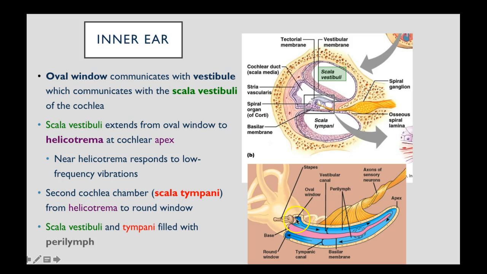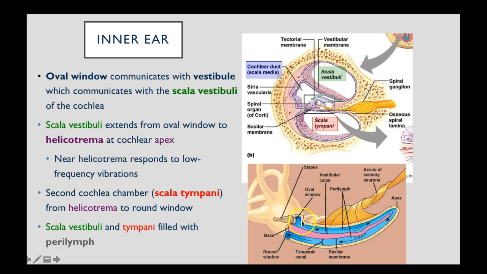This then is going to extend all the way to the apex of the cochlea, also known as the helicotrema. And then we're going to send those waves down through that inferior region. This inferior region is known as your scala tympani. So there's our scala tympani.